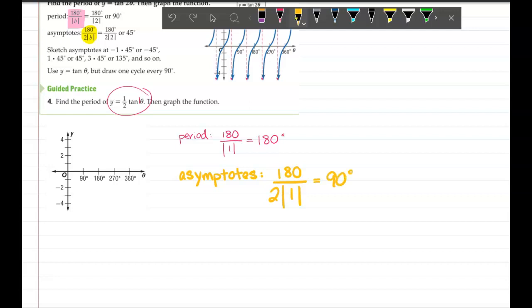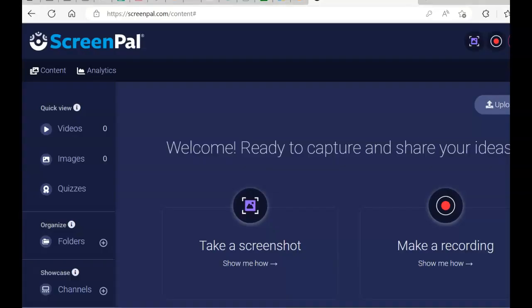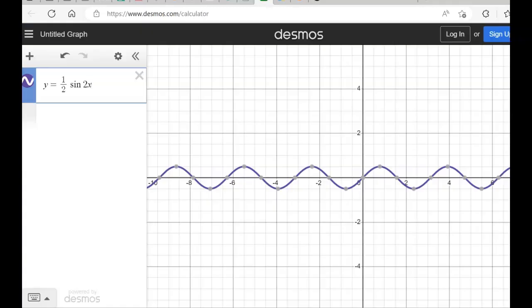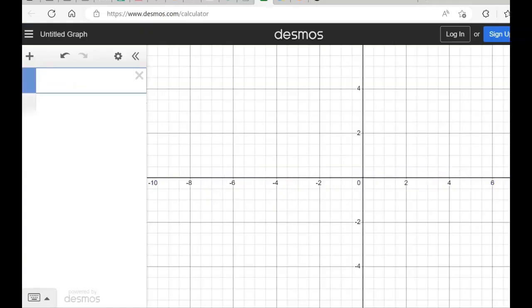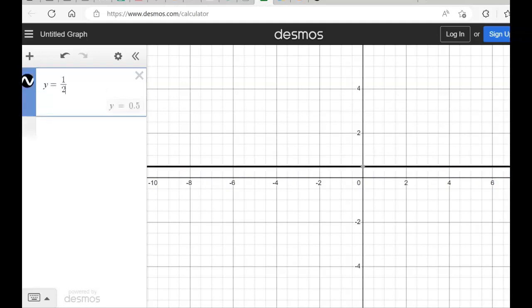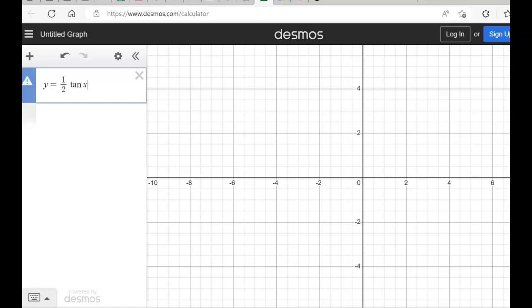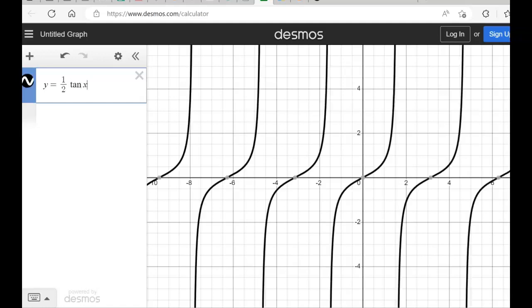So flipping over to Desmos, we're going to type this in, 1/2 tangent of theta. And again, things are not going to be reported in degrees as we wish, but they are actually reported in radians.